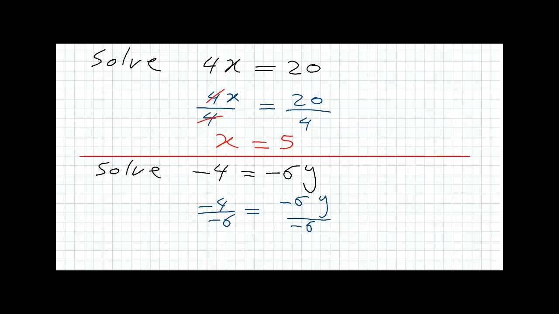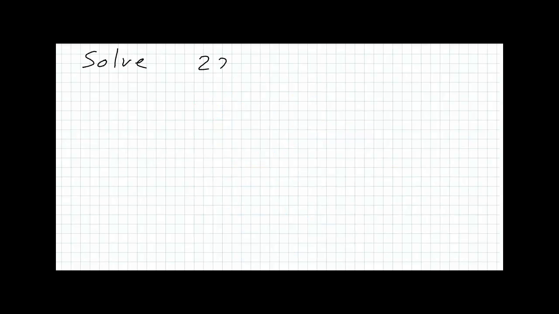We should do the same thing on the other side. So now we can say that we isolated y here, because negative 6 divided by negative 6 gives us 1 times y, which is y, and it is equal to positive 4 over 6, which can be simplified to 2 over 3.